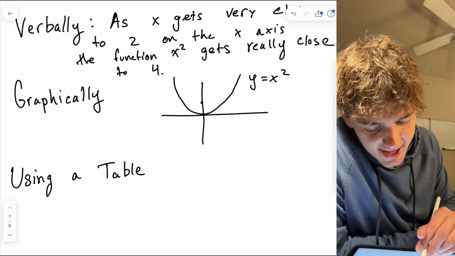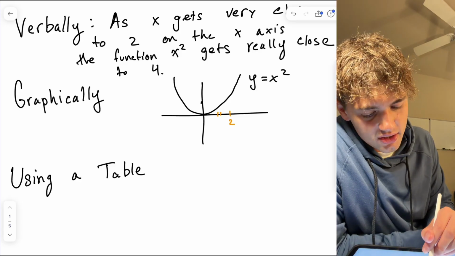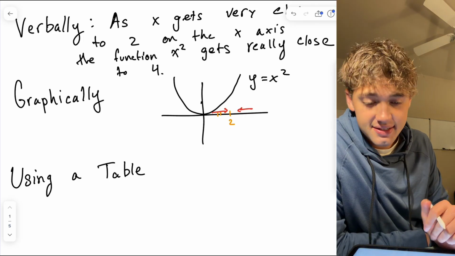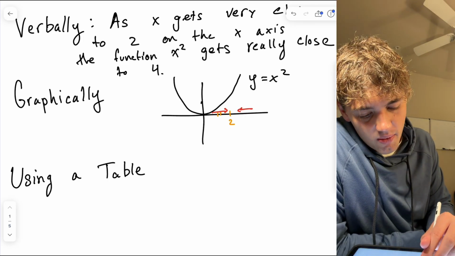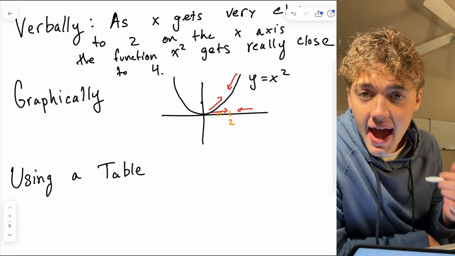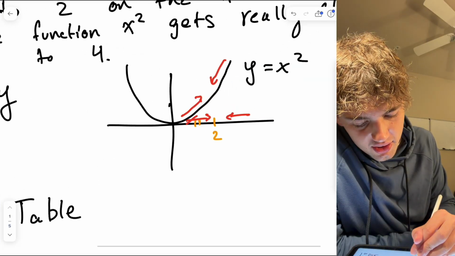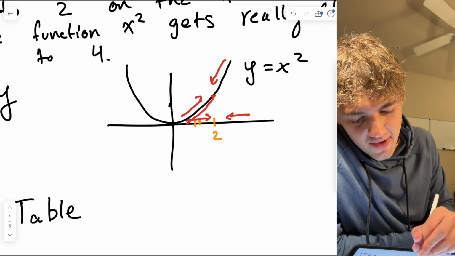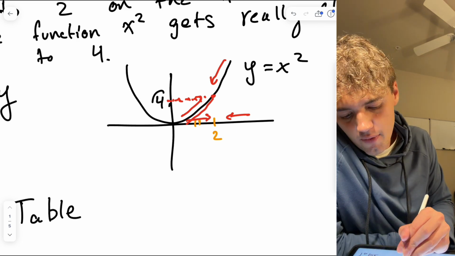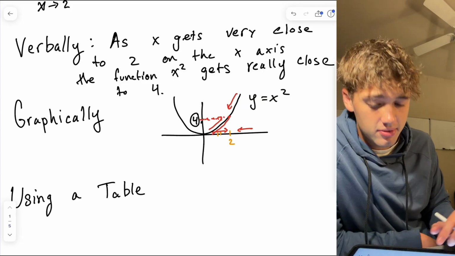And then, as x gets closer and closer to 2 on the x-axis, where is y, or f of x, going on the y-axis? And we can see it's getting closer and closer to this value, and this value on the y-axis is going to be 4. So that's how we do it verbally, graphically, and analytically with direct substitution.